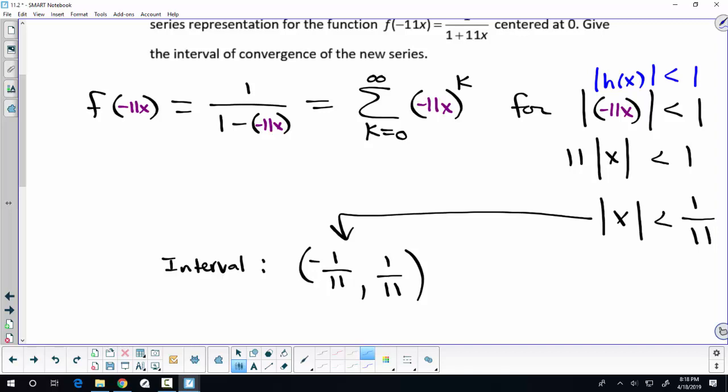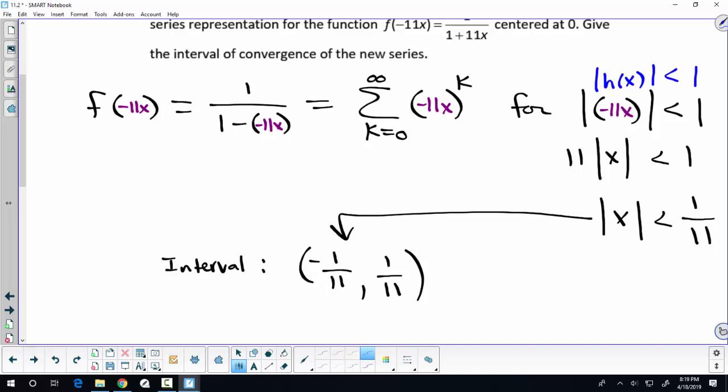I'm going to write this down, I think this was the series, x minus 2 to the k over the square root of k. So for convergence, x has to be in this interval, including 1. If I say I want a new series, I'm going to compose x with negative 11x, giving negative 11x minus 2 to the k over root k. Then negative 11x has to be in this interval.